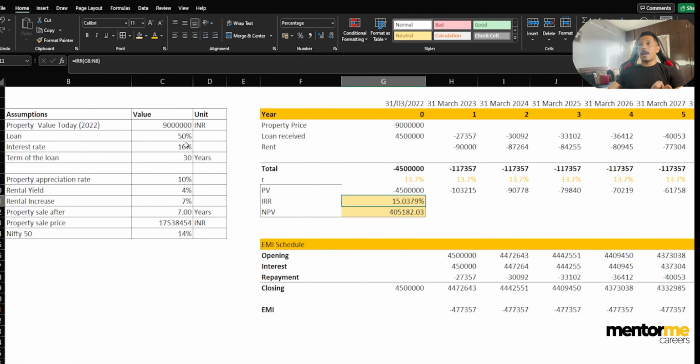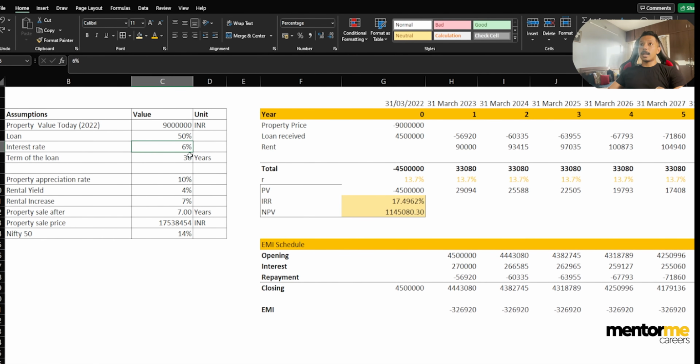Okay, another change which you can try to test is, if you were to take more debt, your returns will further increase. Now this is only applicable if first your property appreciation rate is higher than your interest rate and your rental yields are good enough. Okay, so out here if you see, my rental increment rate is at about 7%, right?